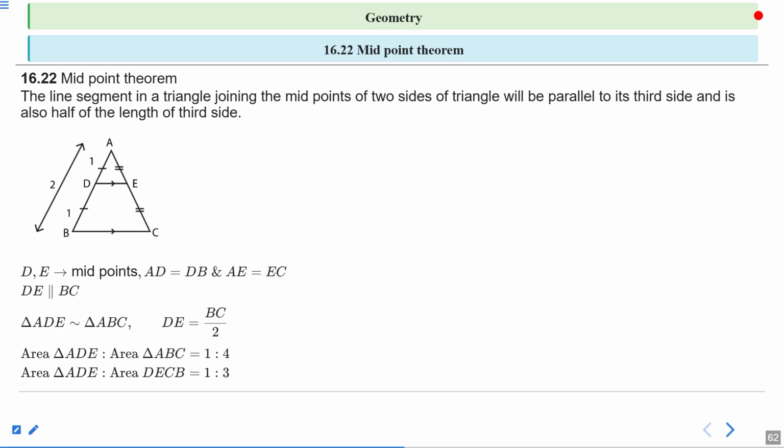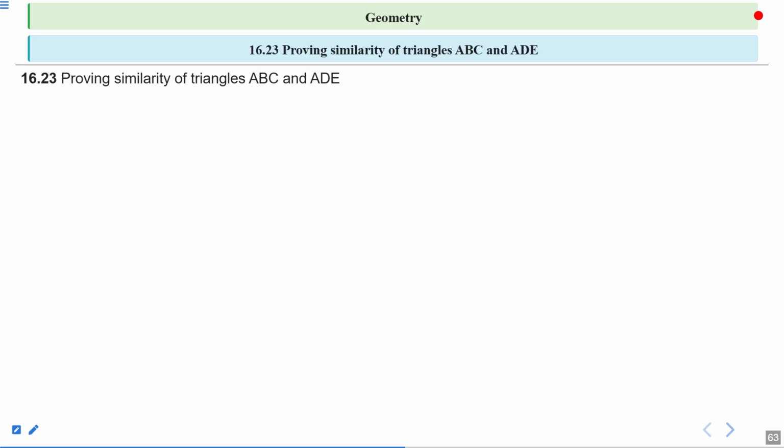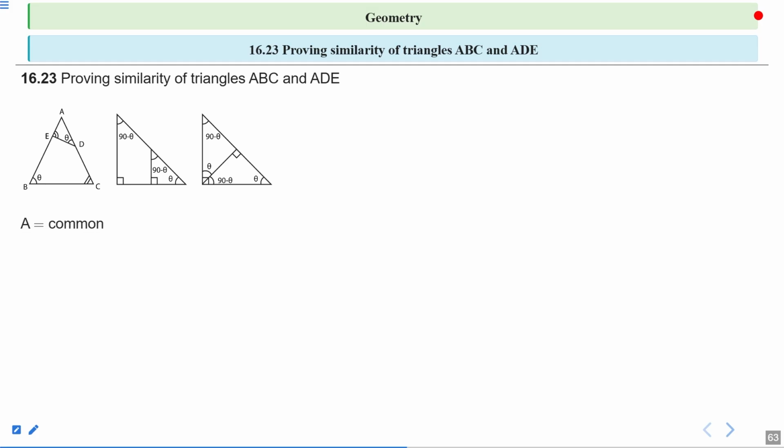Next one. Proving similarity of triangles ABC and ADE. So this is the diagram in which ABC is a triangle and ADE is also a triangle. So A is common. Angle ABC equals angle ADE equals theta.